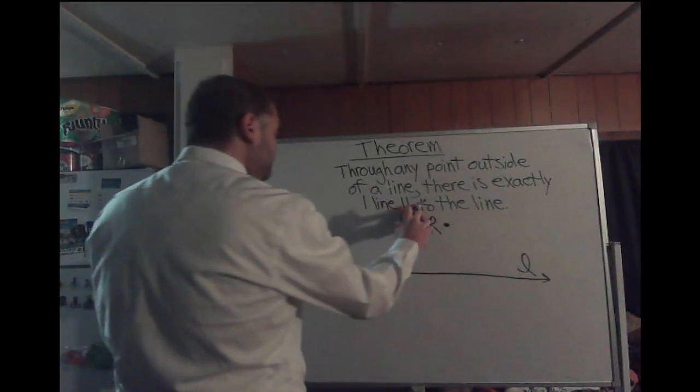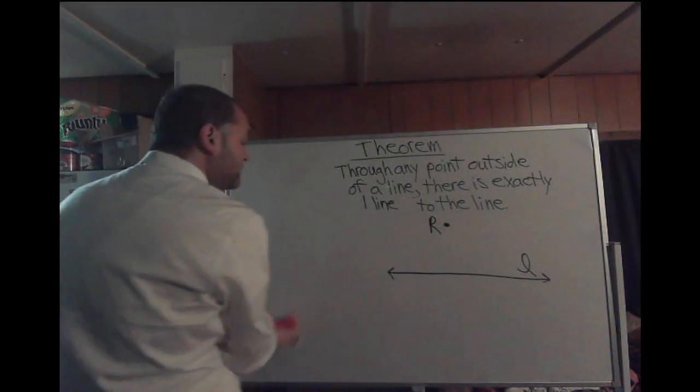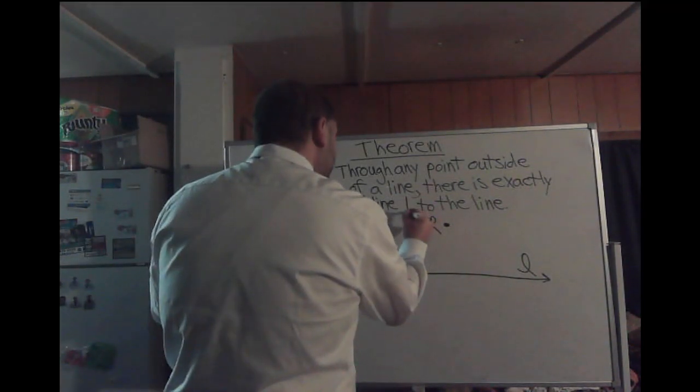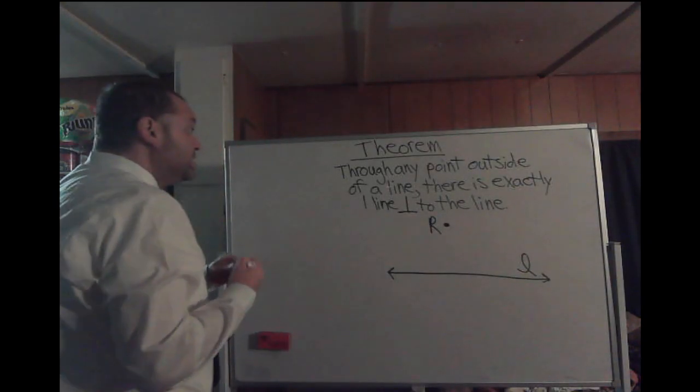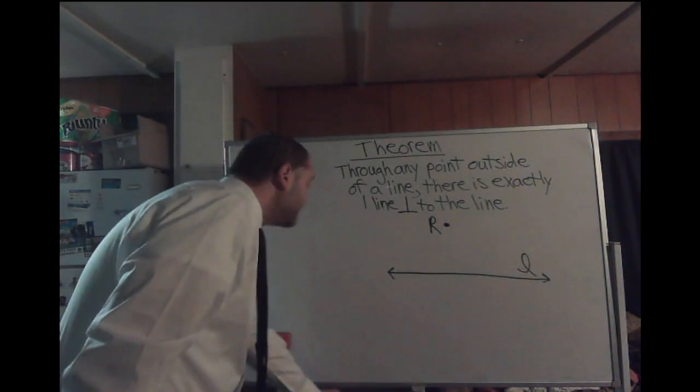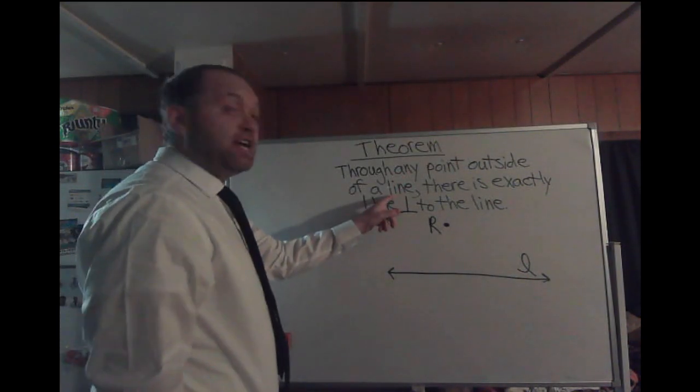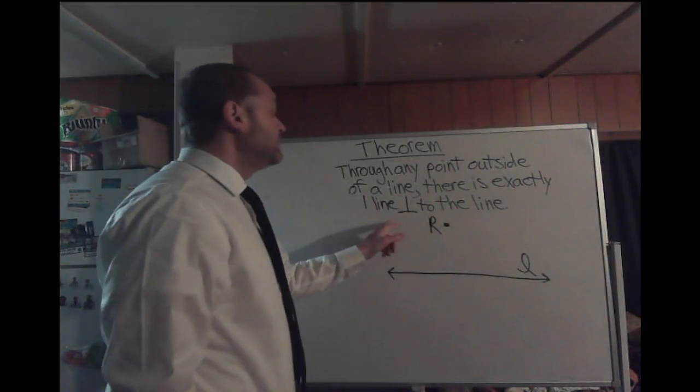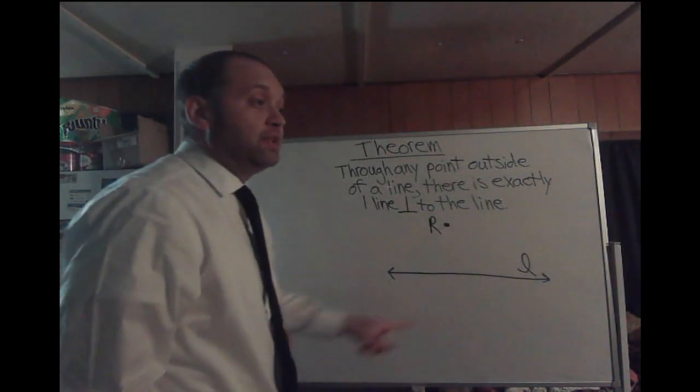And then there's a similar theorem, only it doesn't pertain to parallel, it pertains to perpendicular. So this theorem states that through any point outside of a line, there is exactly one line perpendicular to the given line.